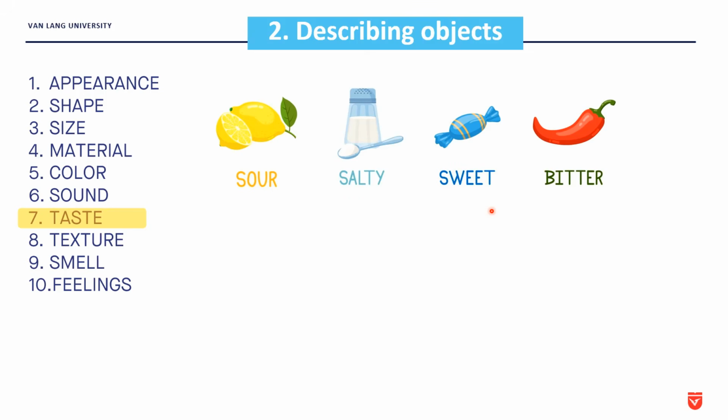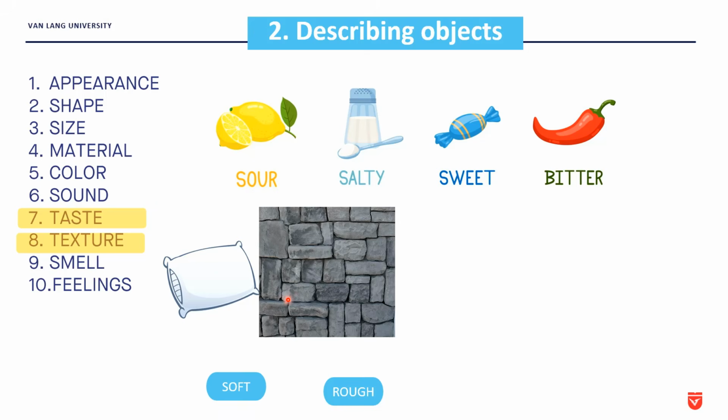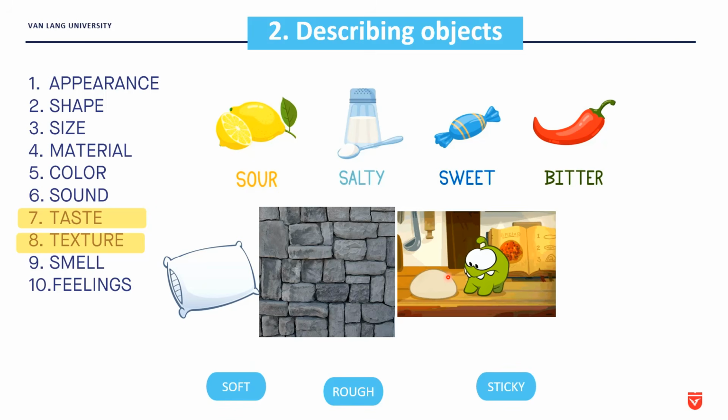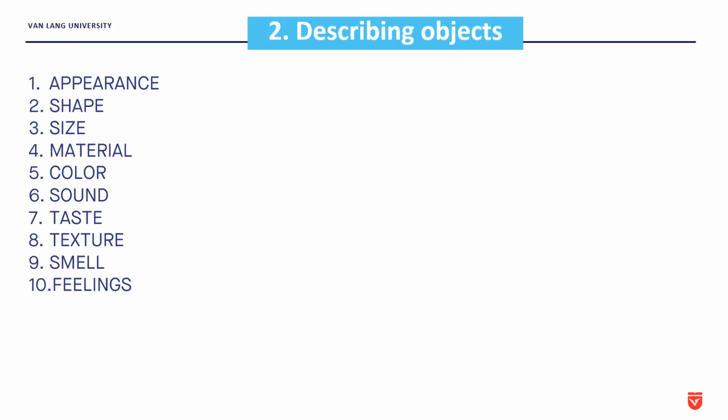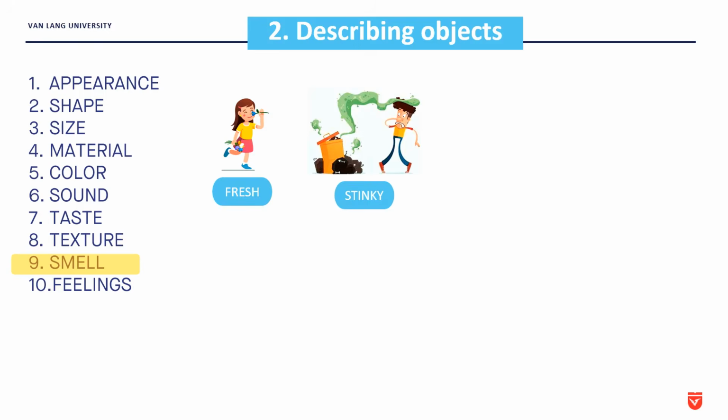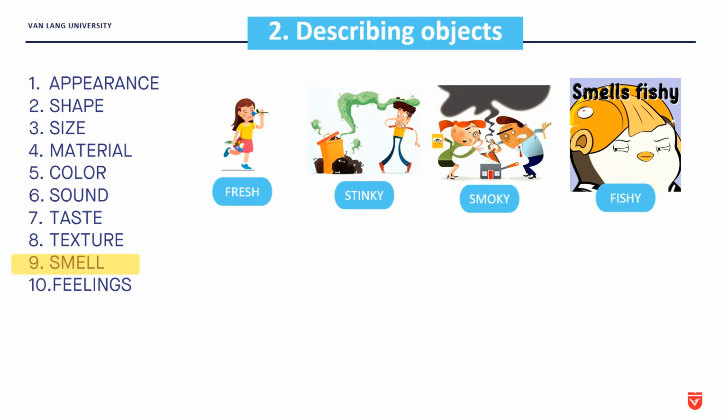Texture: soft, rough. As you can see, the surface of the wall is not even or smooth. It's rough, sticky, and the last word is crunchy. Smell: fresh, stinky, smoky, fishy. Feelings: cozy, comfortable, cold, hot.